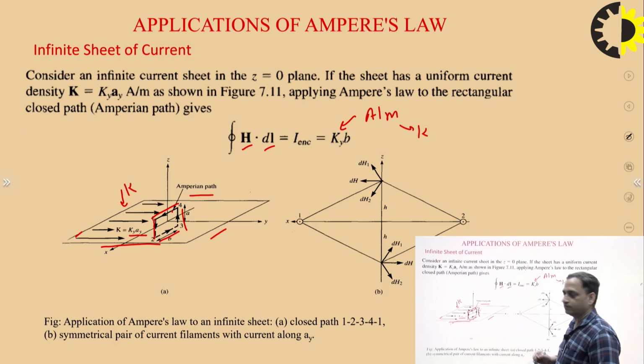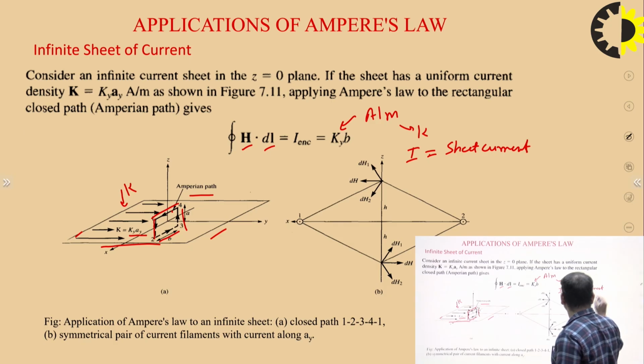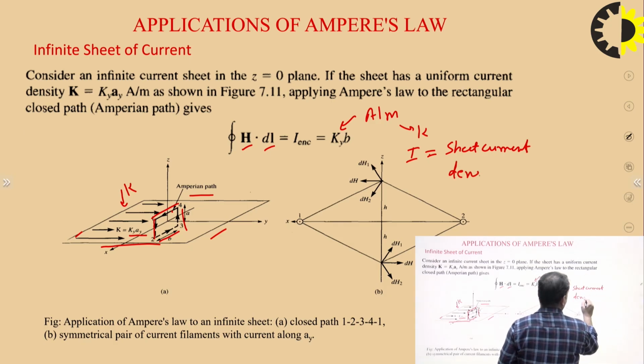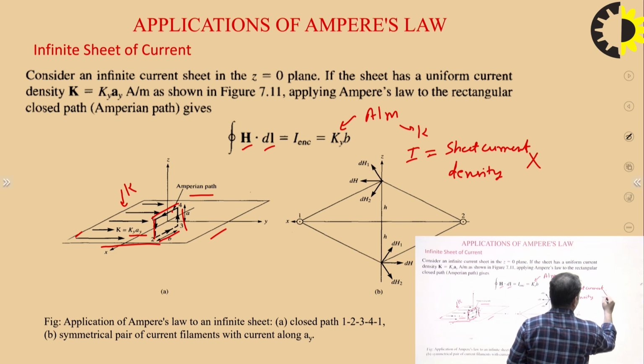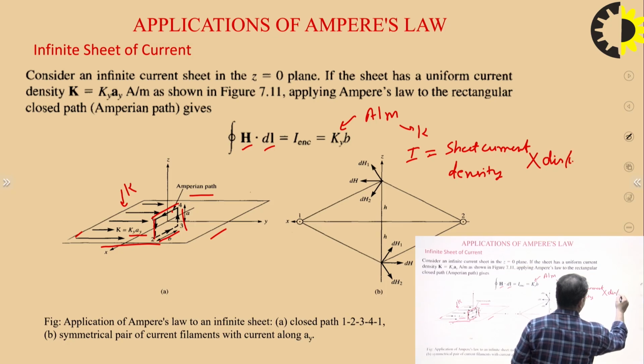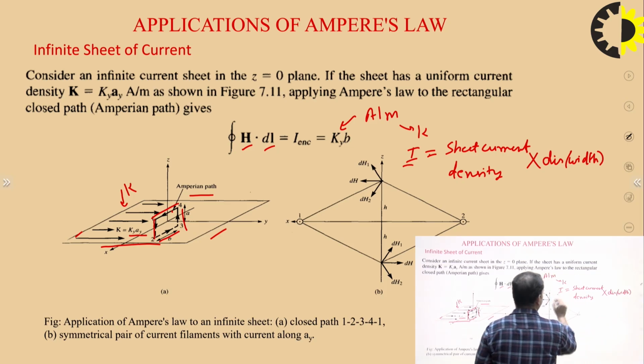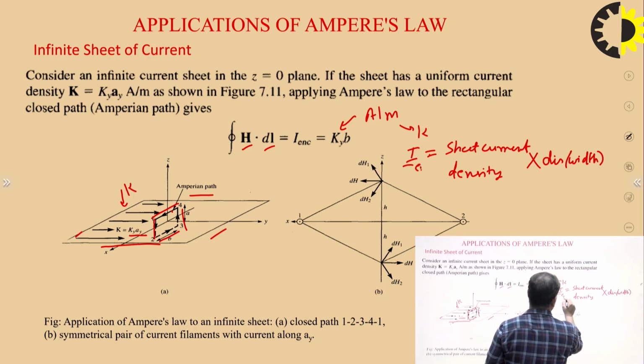Now I want the current. In this case the current will be equal to the sheet current density into the distance, or the width. So the enclosed current I enclosed is equal to the sheet current density in the direction of y, so it will be Ky, and the width.